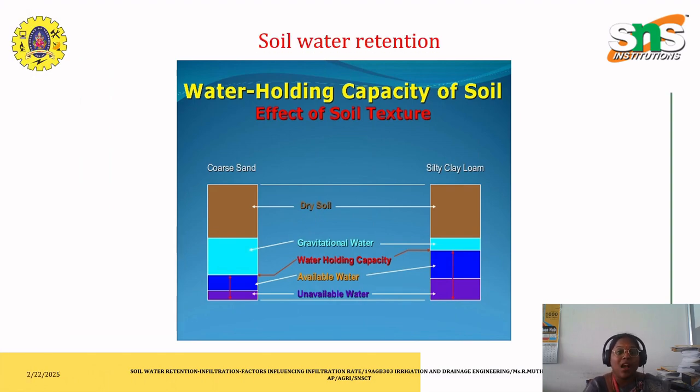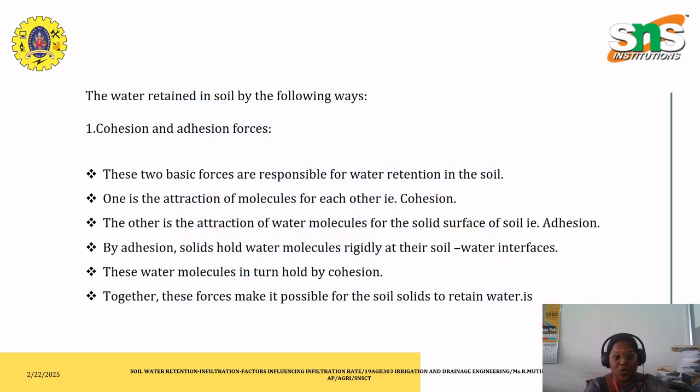We have also seen how the soil texture affects the water holding capacity of soil. Along with this, we have seen about retention ways. The retention ways mean the holding capacity of the soil in three manners. The first one is cohesion and adhesion forces.